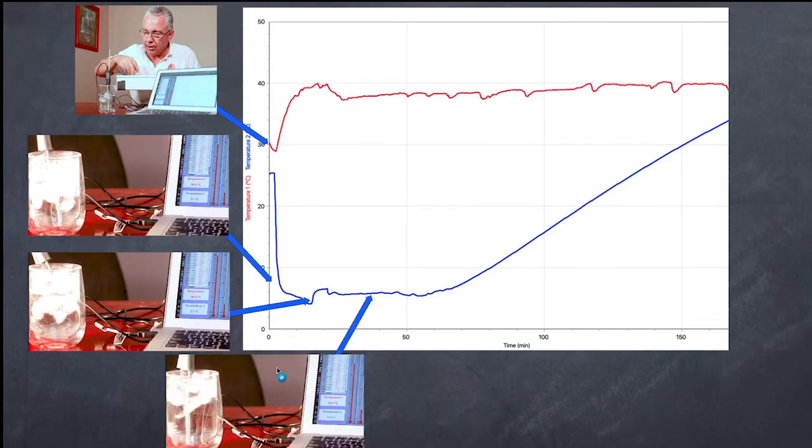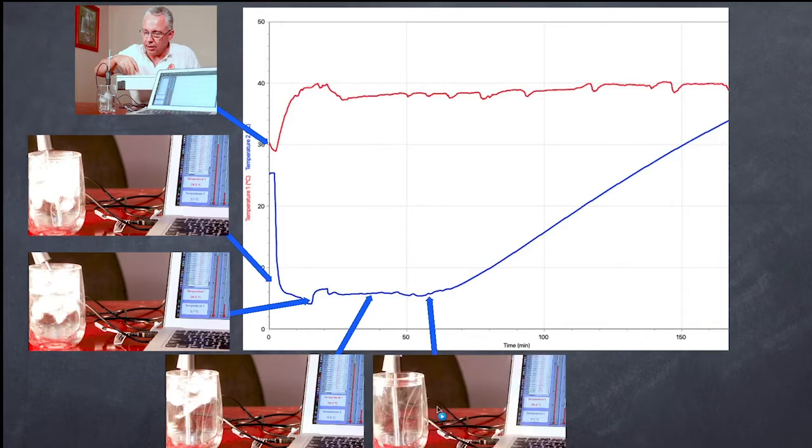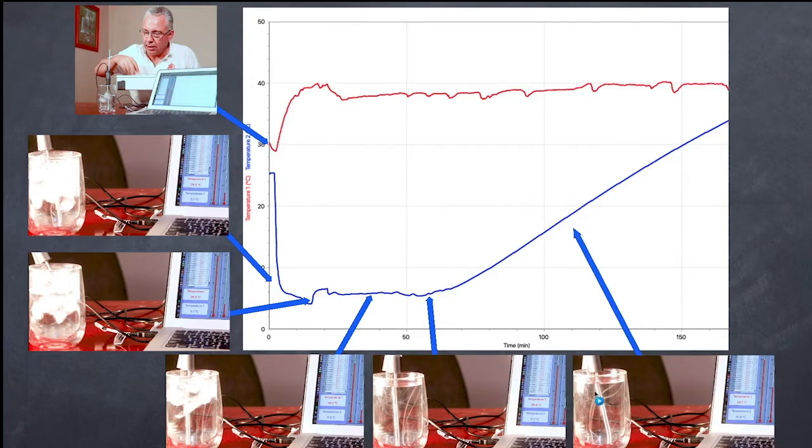Then what you notice here is that the water temperature stays relatively the same as long as the ice remains in the water. But then we get to a point when the ice has finally melted, and now we start to see an increase in temperature in the water again. In fact, as the light continues to shine on the glass, the temperature is increasing, but this only occurred after the ice has melted.